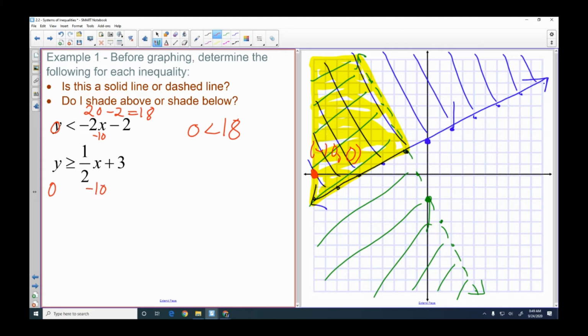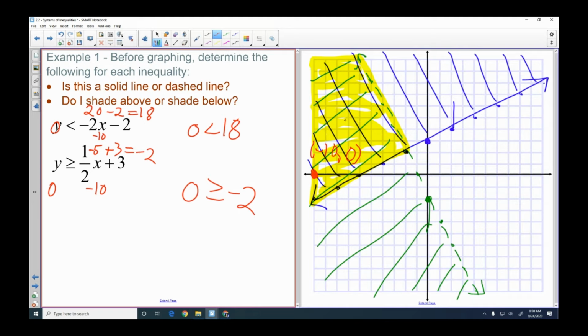X is -10. All right, -10 times 1/2 is -5. Plus 3 is -2. So is 0 greater than or equal to -2? Is that a true statement also? For sure, it is. So that one ordered pair, this point -10, 0, it works for both of those inequalities. So it is a solution, not the solution.